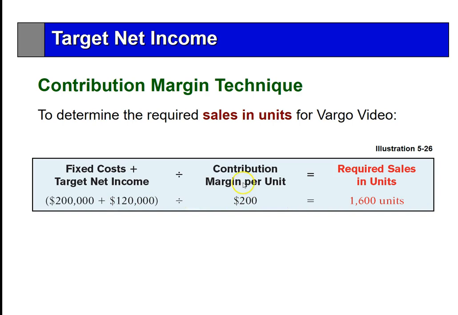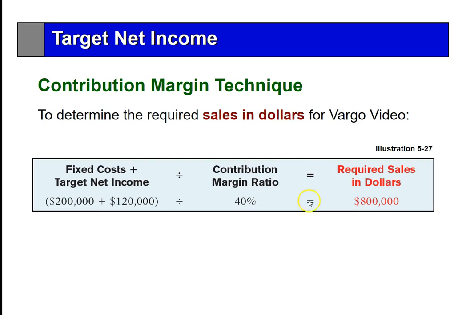And I'm going to make 200 contribution margin per unit that I sell. So how many units do I have to sell? Well, you divide 200 into 320,000 and you get 1,600 units.